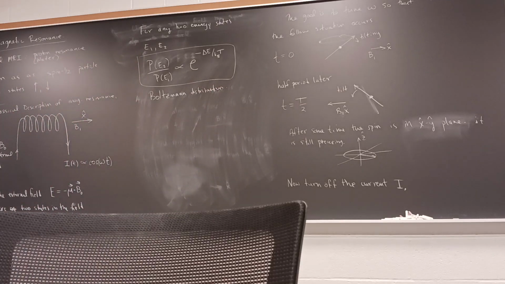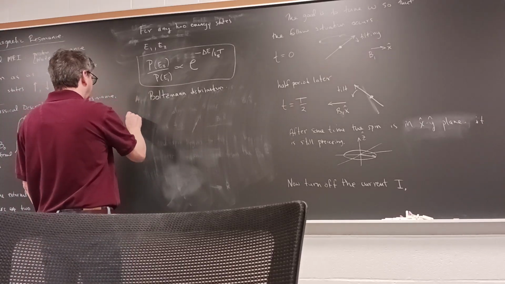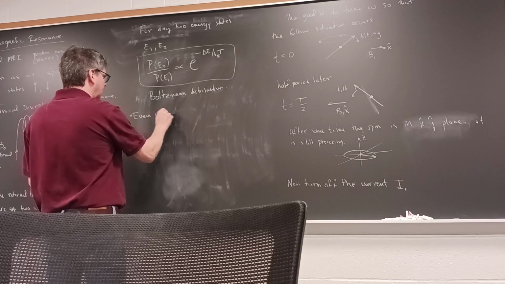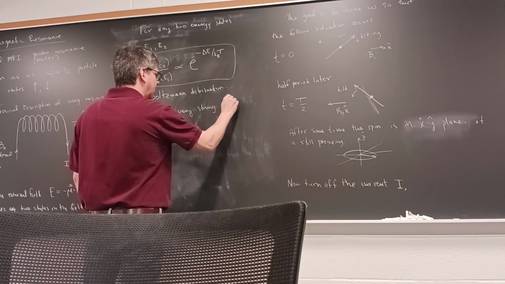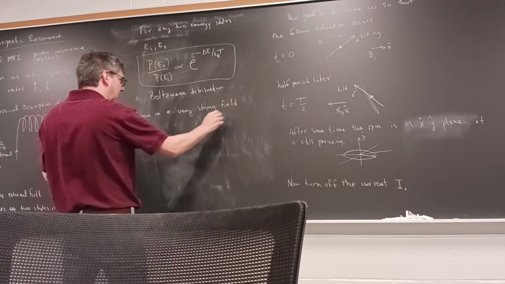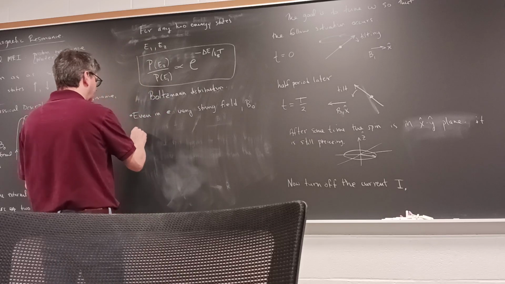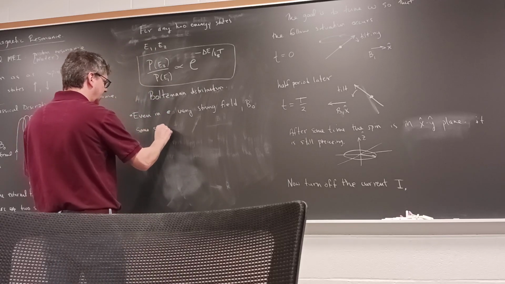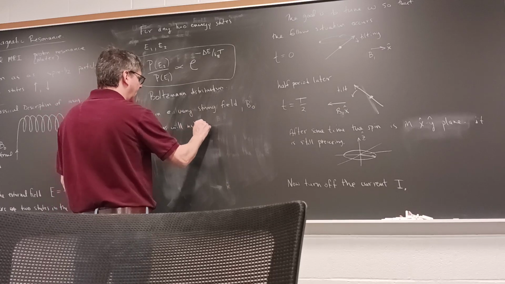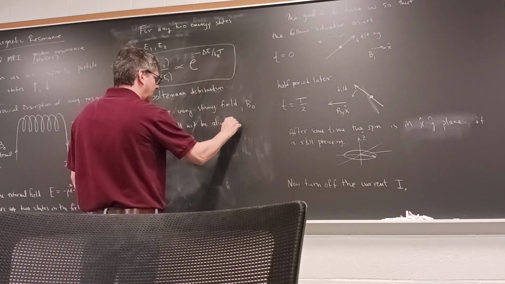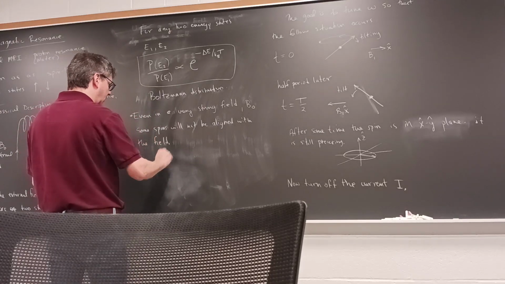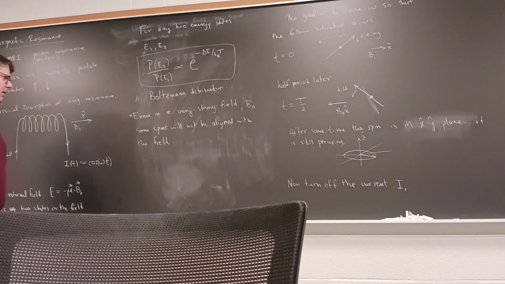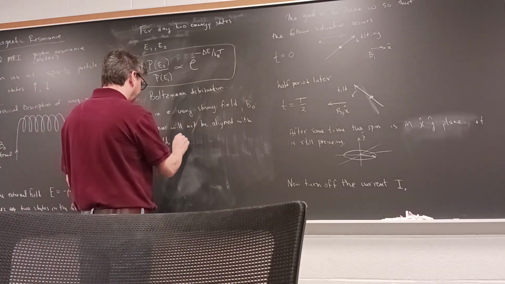So that means even in a very strong field, some spins will not be aligned with the field, and that's why you go for really high fields.